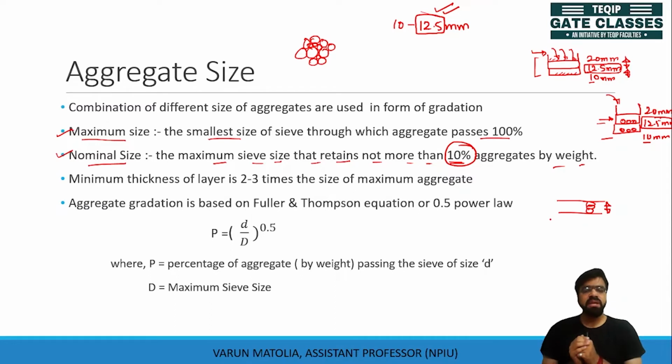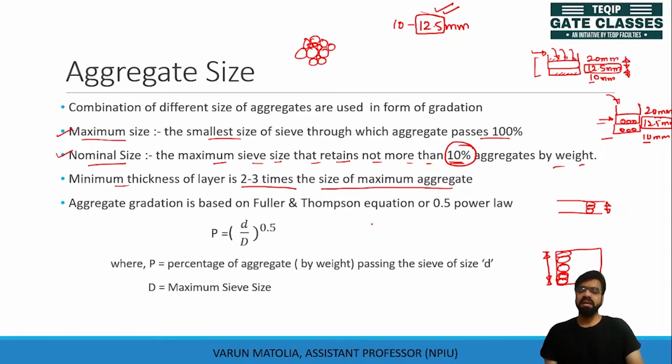The same thing is seen in the apparatus design. Whenever we design apparatus, the apparatus is designed in such a way that at least 5 aggregates of the maximum size can be accommodated in this apparatus or a mold of apparatus. So the minimum thickness of layer is 2 to 3 times the size of maximum aggregate.